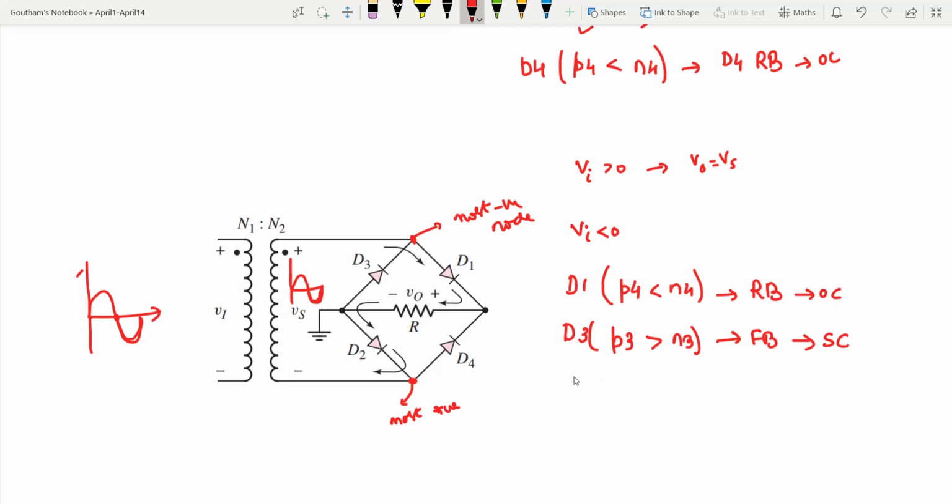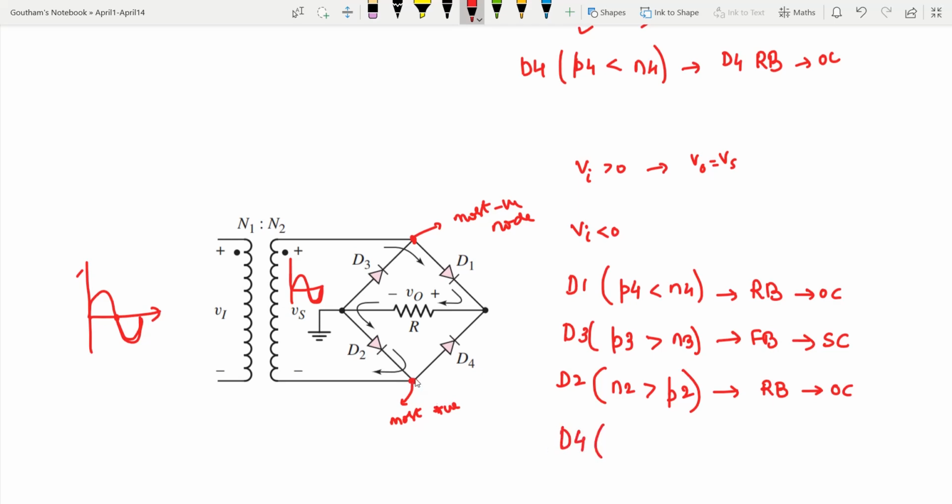Now let us analyze D2. In D2, the N side is most positive. So N2 is most positive, that means N2 will be greater than P2, so diode D2 will be reverse biased and it will be open circuited. Now let us discuss the condition of diode D4.